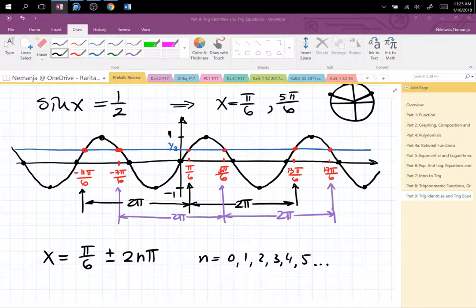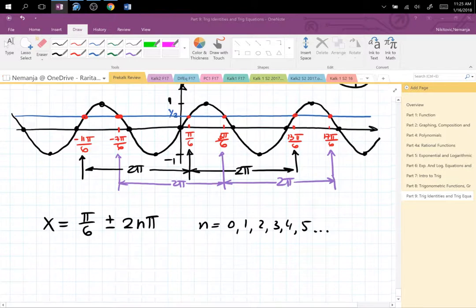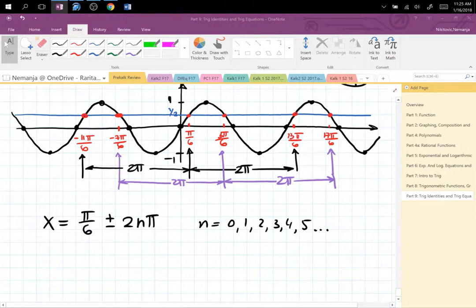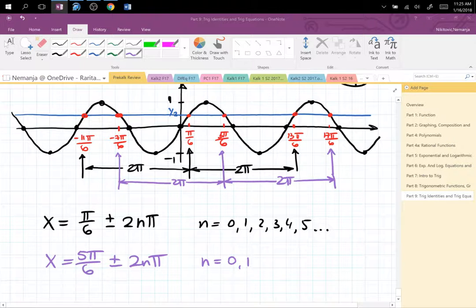And now I have a purple solution where I write the same thing off of 5 pi over 6. So x is also equal to 5 pi over 6 plus or minus 2n pi, where n is equal to 0, 1, and so on. I don't have to write this n. It's the same n for both.